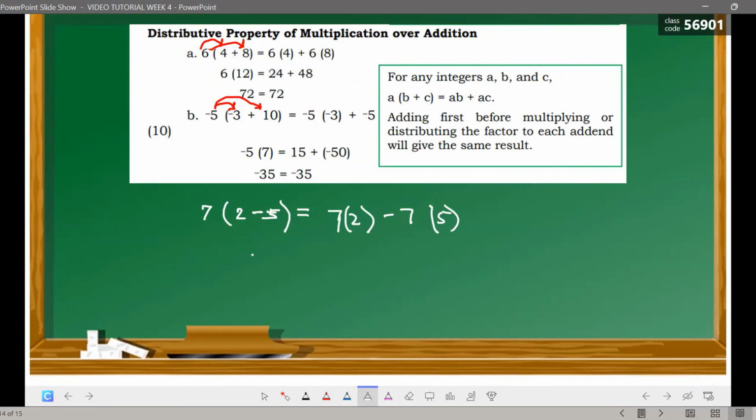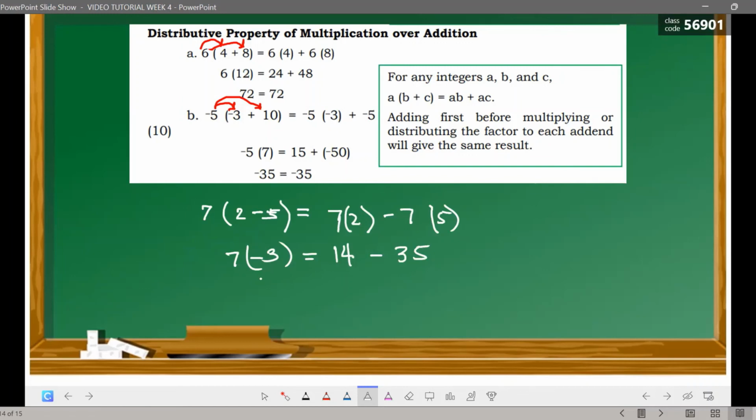Okay, so dito sa left side, i-add or subtract natin to. 2 minus 5, that is negative 3. Okay, 7. Copy yung 7 dito. Then dito naman, 7 times 2 is 14. Minus 7 times 5 is 35.